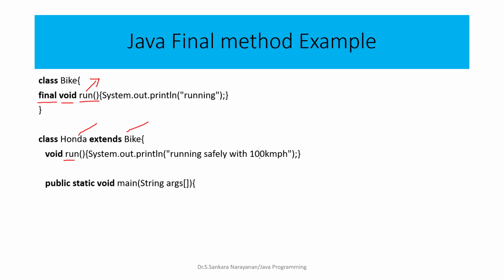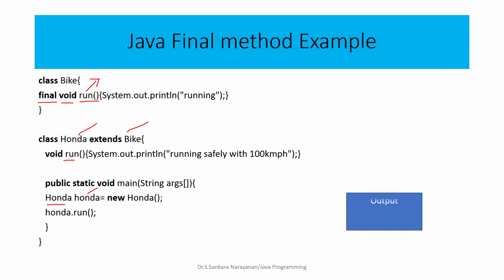Now I am creating an object for my class Honda, then I am going to call the method Honda.run. As I told, this method is declared as a final method, so we cannot override it. So you will again get a compile time error.